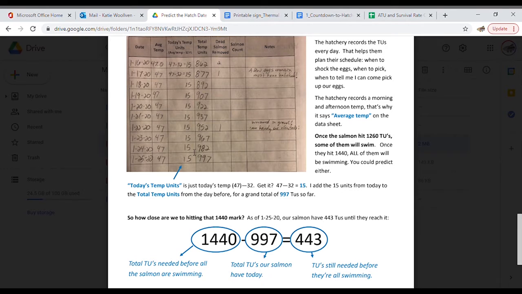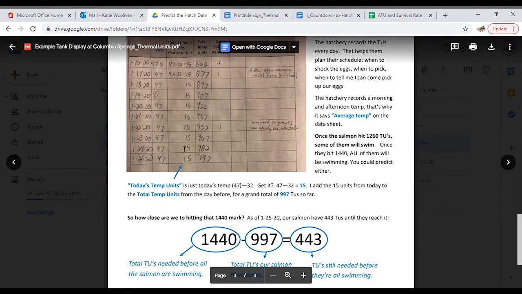So if you remember from the Lewis River example, when I was trying to figure out when the eggs will hatch, I was saying plus 17, plus 17, plus 17. And that was because the water temperature at Lewis was 50 degrees. And at Columbia Springs last year, I was keeping my tank at 47. So my tank was always at 47, so I was always adding 15.